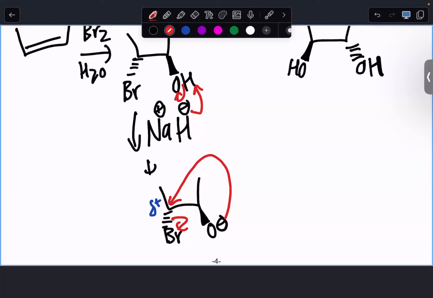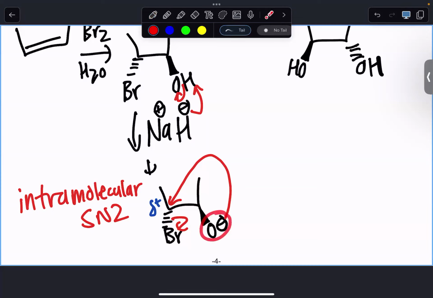So that is an SN2 reaction, but it is an intramolecular SN2 reaction. And why is it intramolecular? Same molecule, right? The nucleophile is on the same molecule as the electrophile. And what do we always form in all the intramolecular reactions? A ring, right?